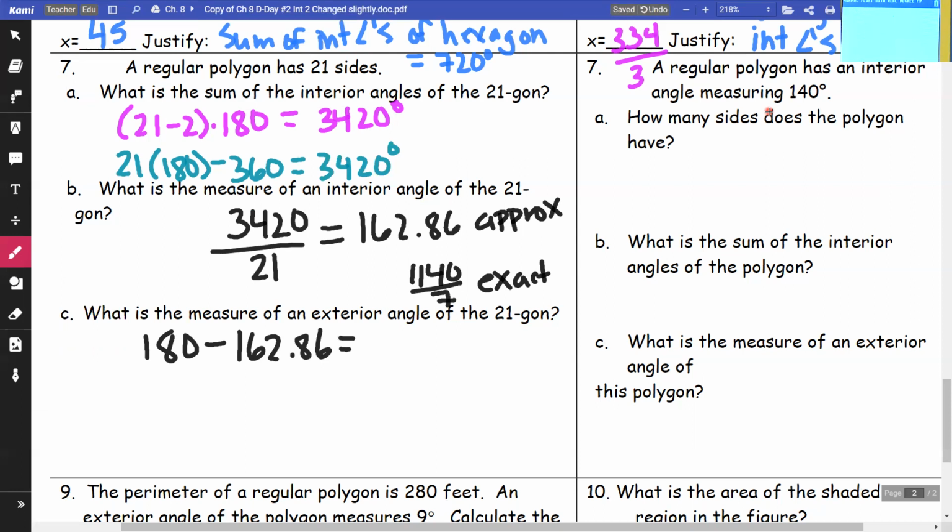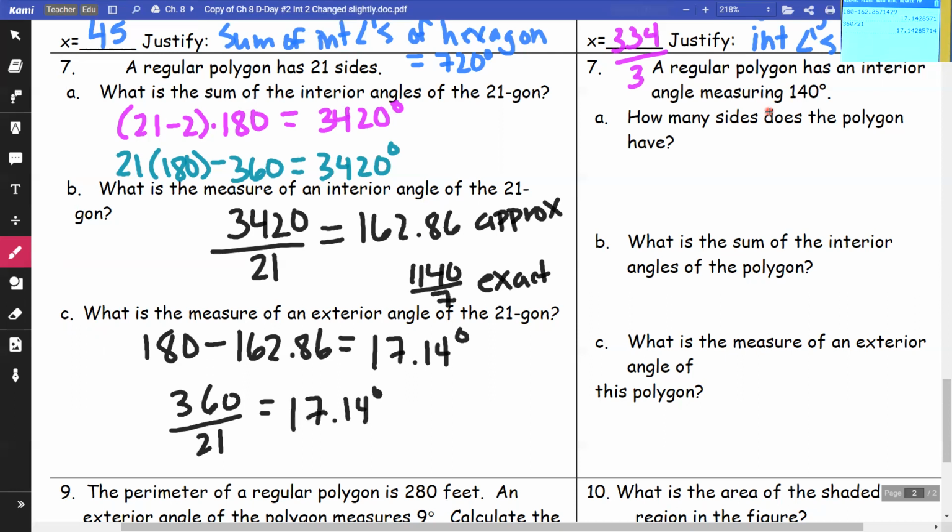So I'm going to do 180 minus, and I'm going to come up here and steal that. And I get 17.14 degrees. I could also have taken 360 and divided it by 21, and 360 divided by 21 is, again, 17.14 degrees. I can get it both ways.